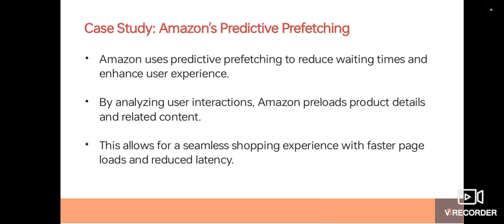By analyzing user interactions, Amazon preloads product details and related contents. This allows for a seamless shopping experience with faster page loads and reduced latency. As we may experience, the Amazon page is always fast. This is because of the predictive prefetching techniques they use.